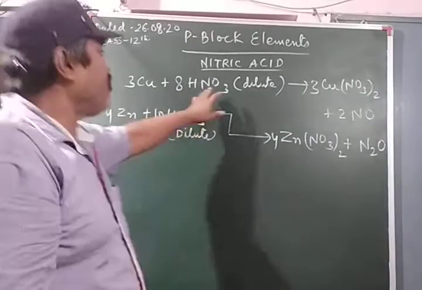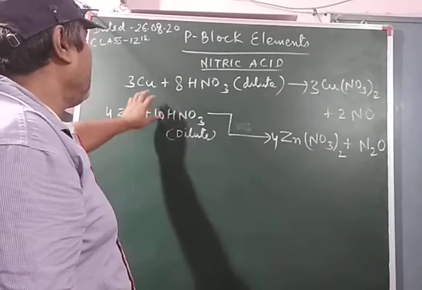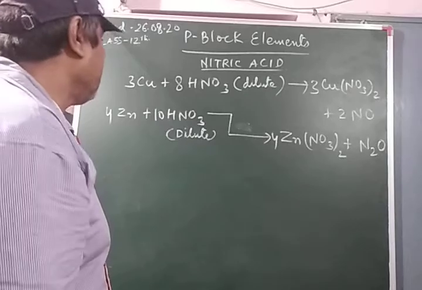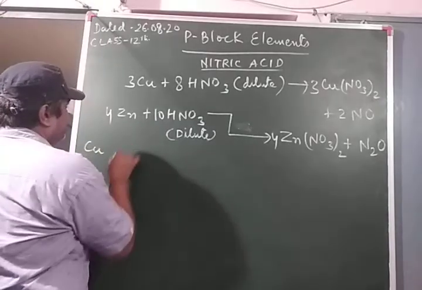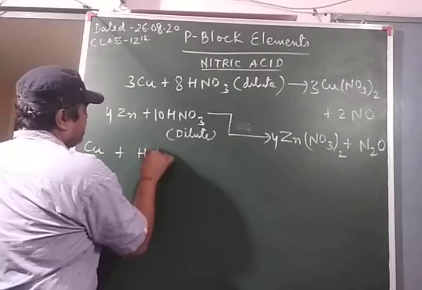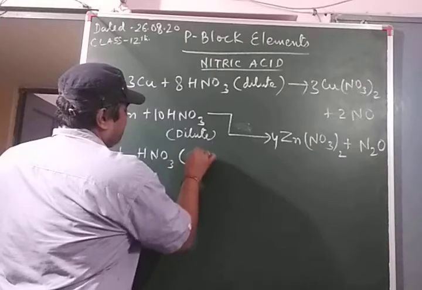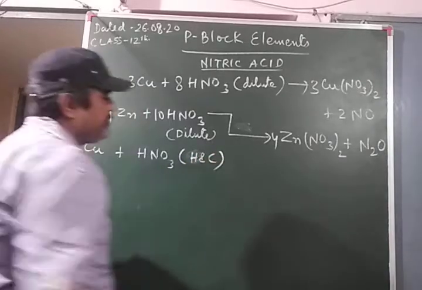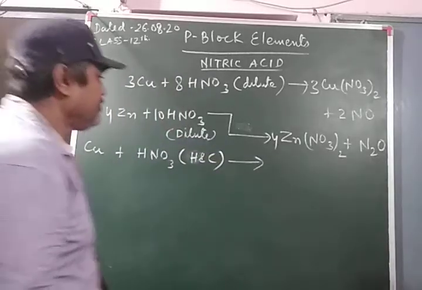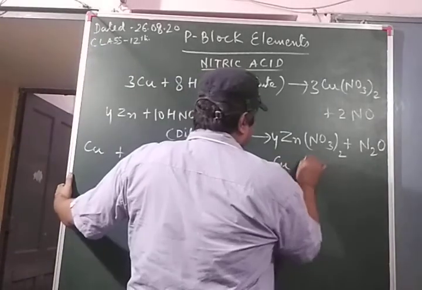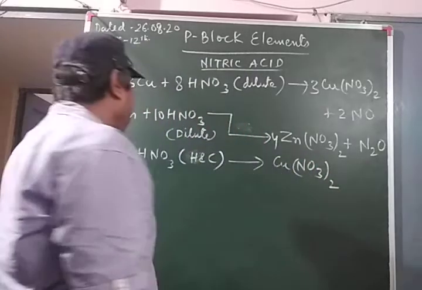Now we will take hot and concentrated HNO3, and again we will take the metals copper and zinc. So look how the reaction takes place. Copper plus HNO3, hot and concentrated, again gives Cu(NO3)2.